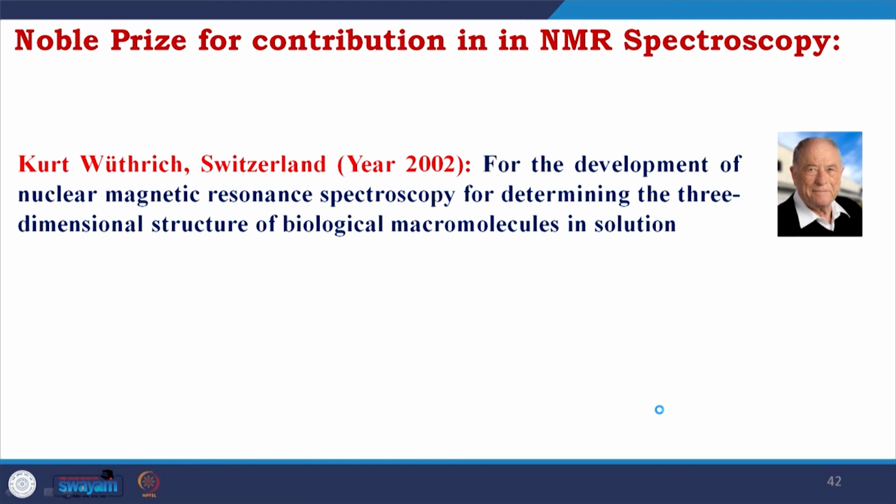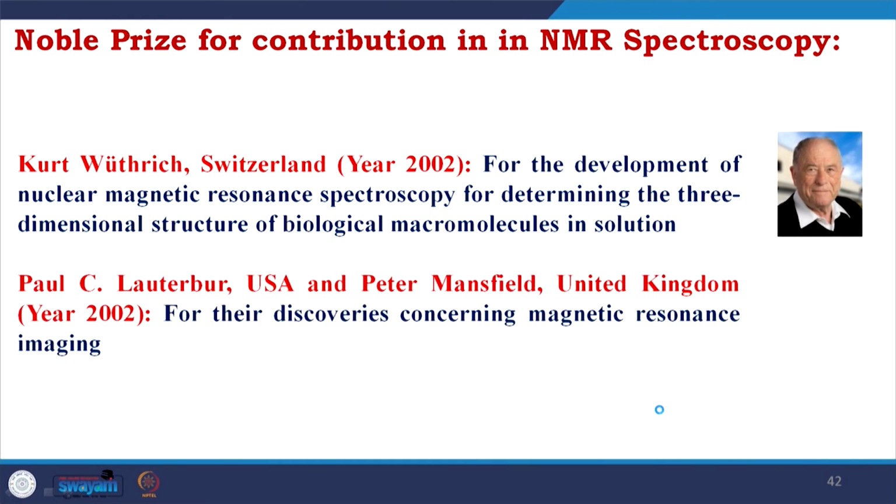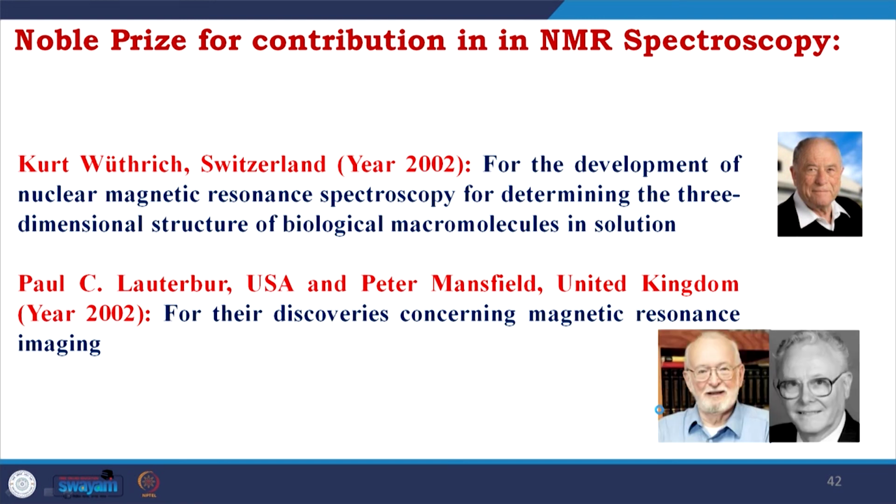This is Kurt Wüthrich. And Paul Lauterbur from the US and Peter Mansfield from the United Kingdom in the year 2002 for their discoveries concerning magnetic resonance imaging, or MRI. So, these are the two people.